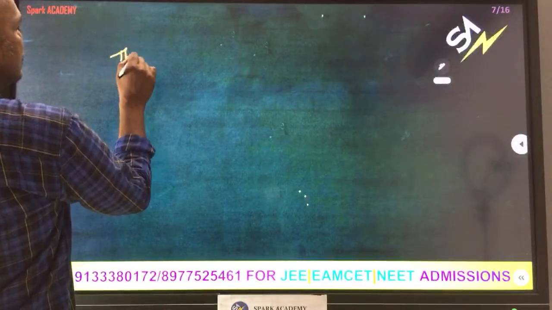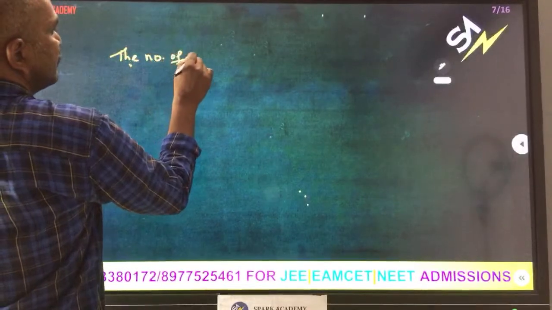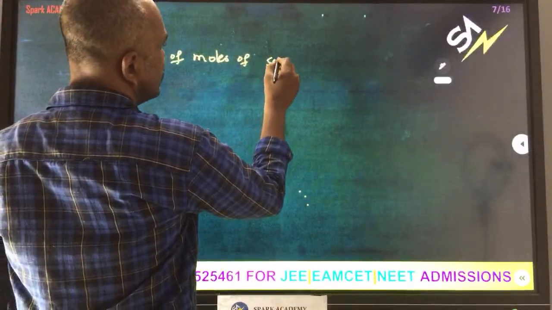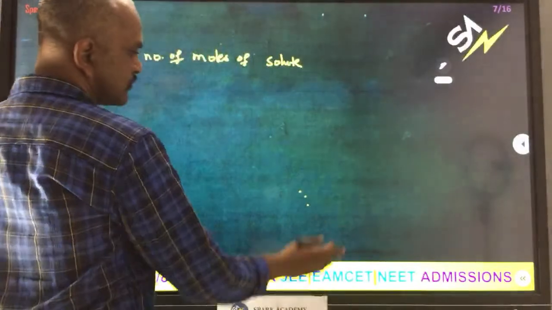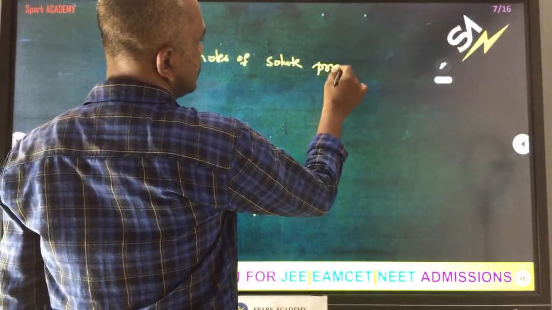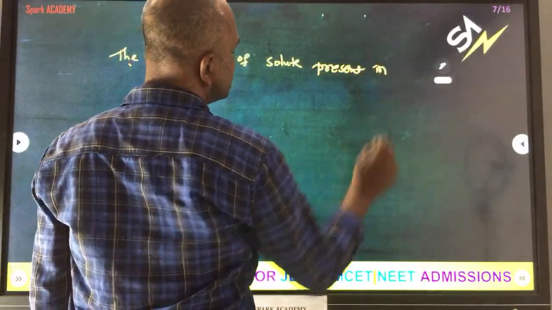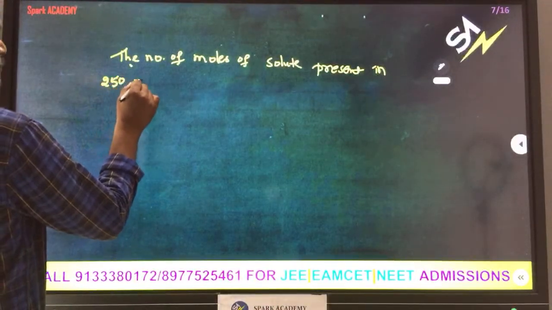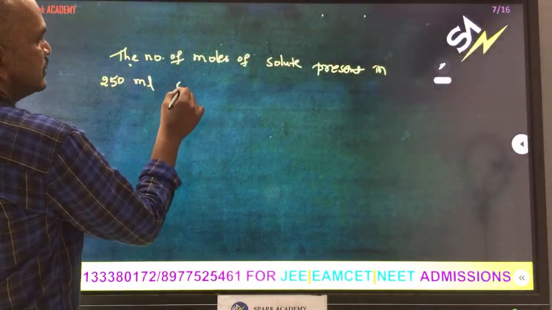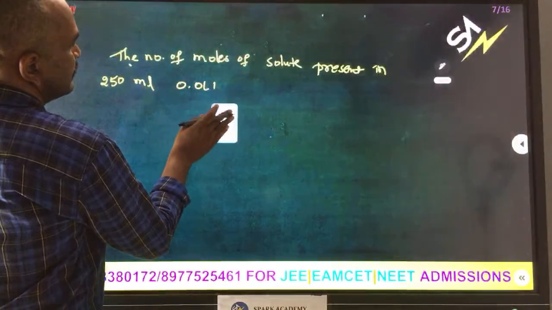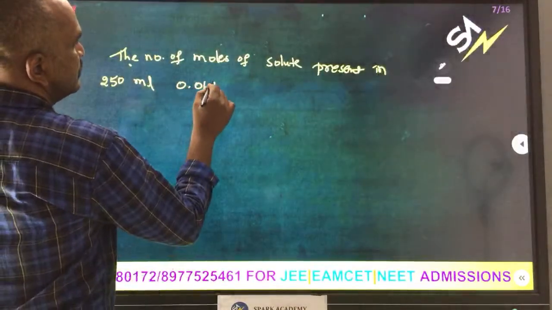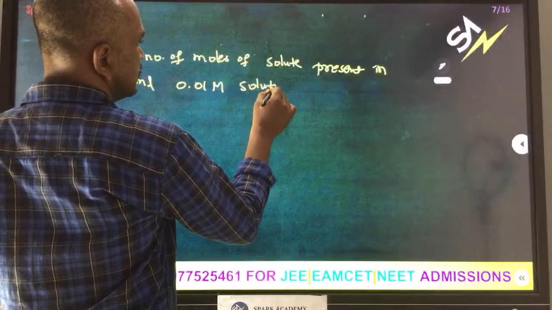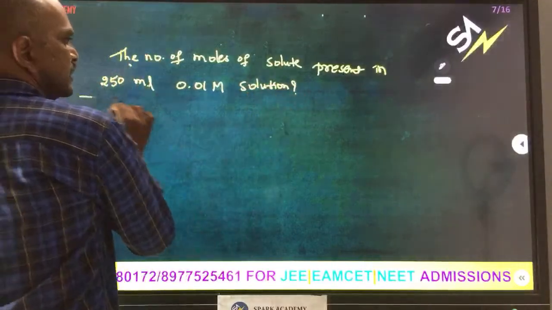The number of moles of solute present in 250 ml of 0.01 M solution.